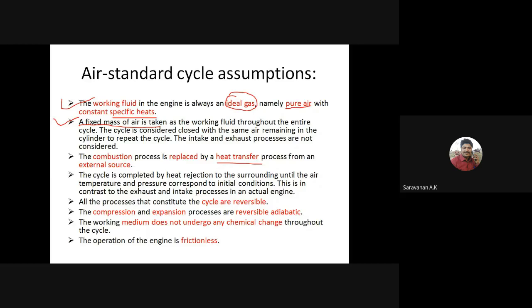And all the processes in a cycle are considered reversible processes.